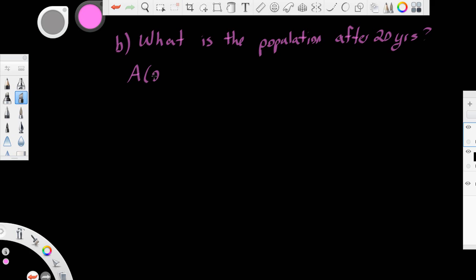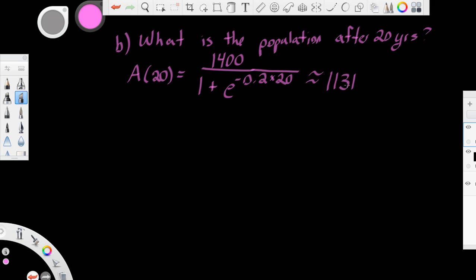So we're going to plug 20 into this formula, and we're also going to round this, so we're not going to have any halves or quarters of cheetahs. Oh, and that was my mistake. I should have put a 13 in front of the e, but you should still get the same answer. You're going to get 1131.